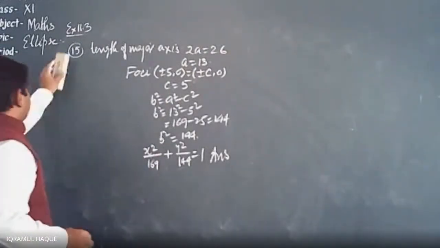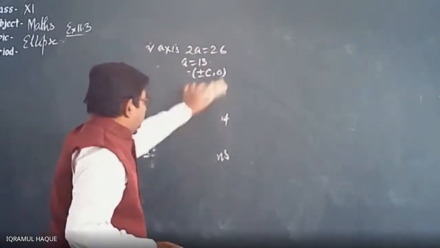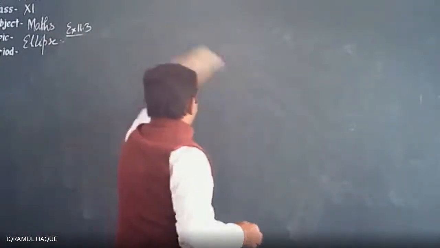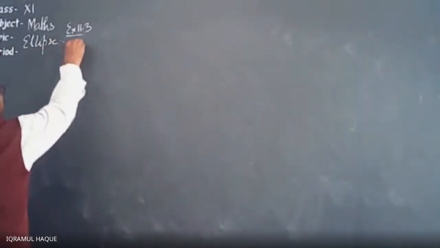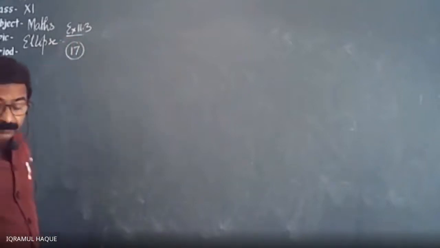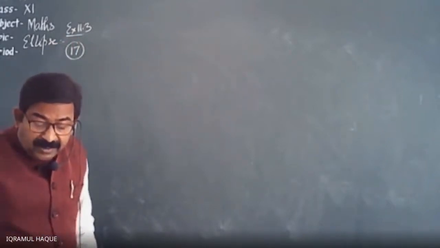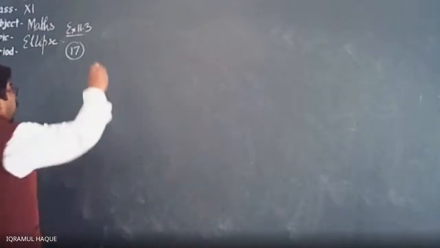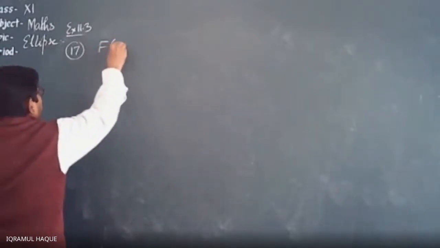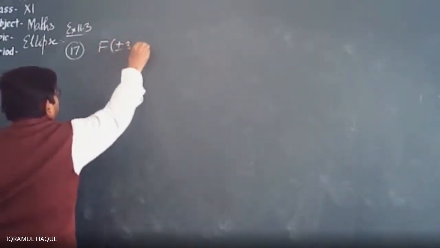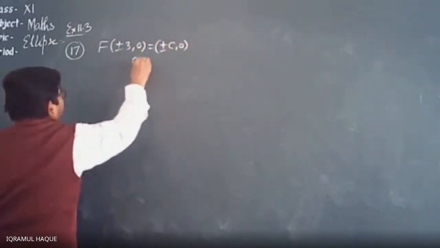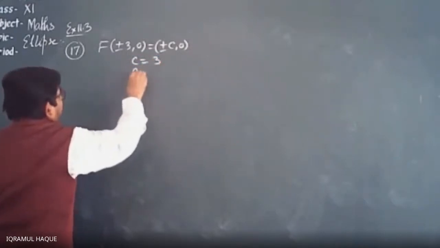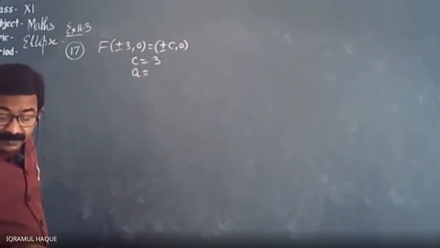See the 17th question. Foci is given and a is given. Foci plus minus 3, 0, which is plus minus c, 0. So we have c is equal to 3 and a is equal to given 4.